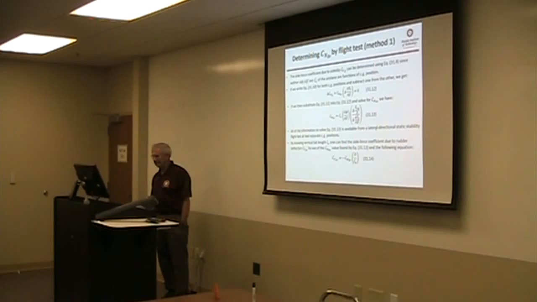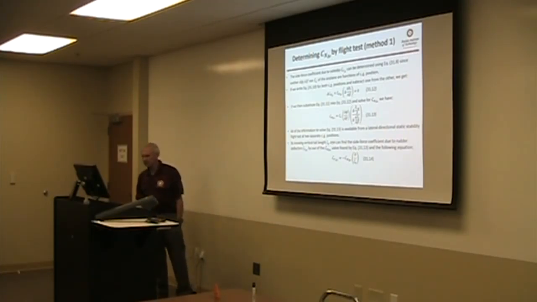All that's available from the lateral directional stability flight test at 2 separate CGs. And we know the length of the tail. We can find the side force coefficient due to rudder deflection, Cy delta R, by use of Cn delta R. And so we've got that from this equation. We substitute in here.